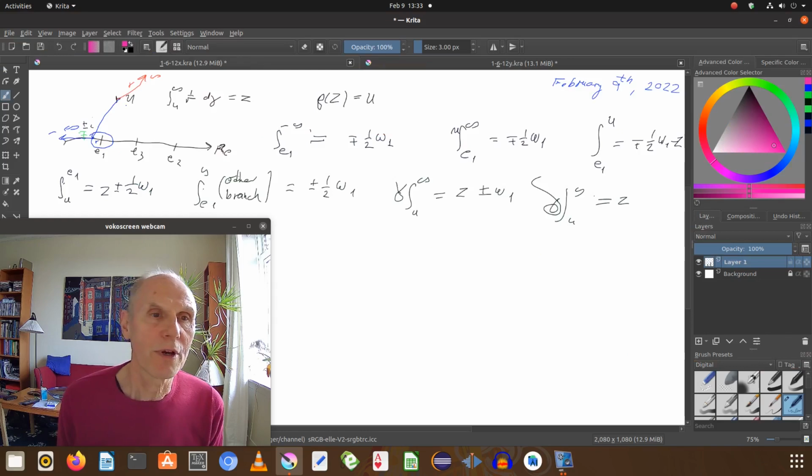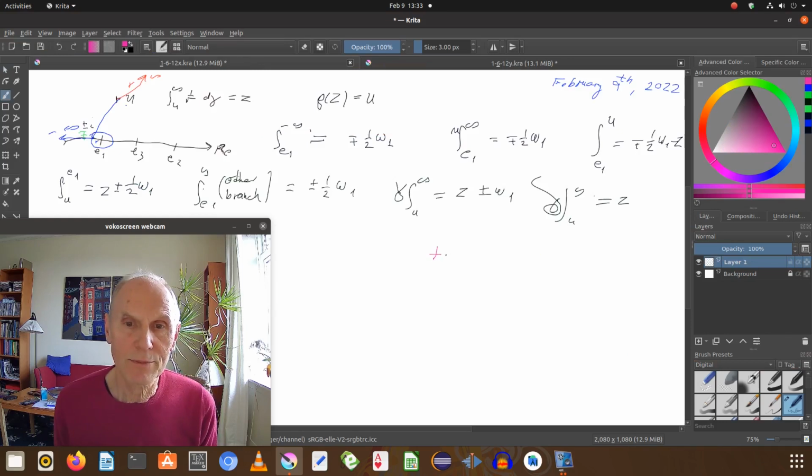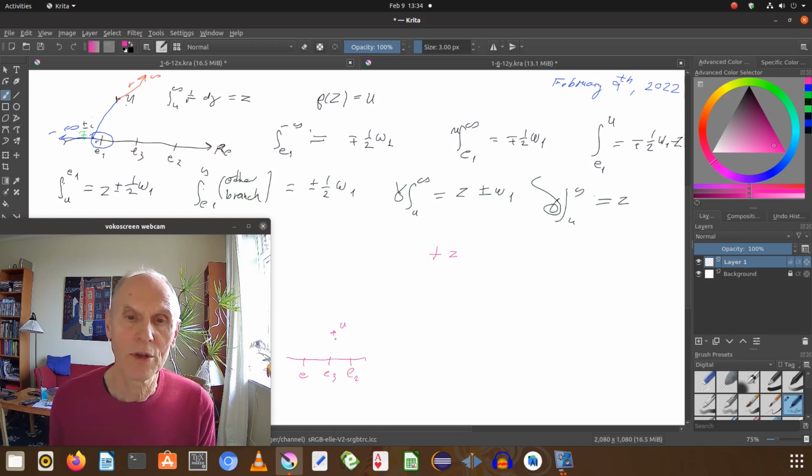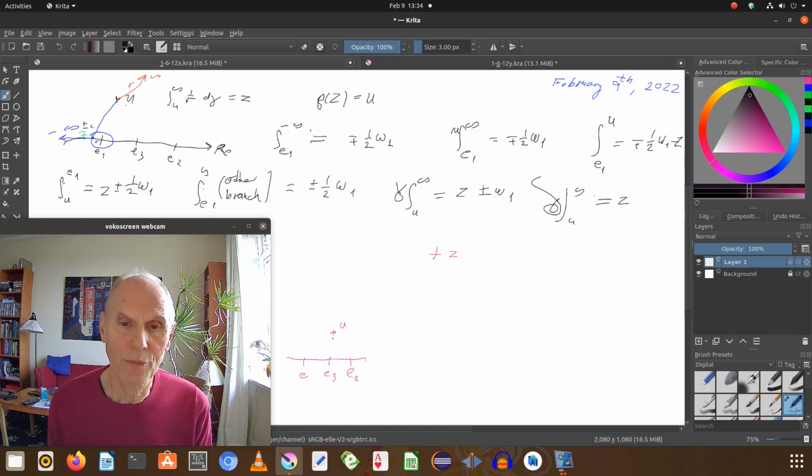So let's have a set that comes from integrating from a certain u, where in the other space we have the roots here, where our paths run. So some path tending to infinity will give set.